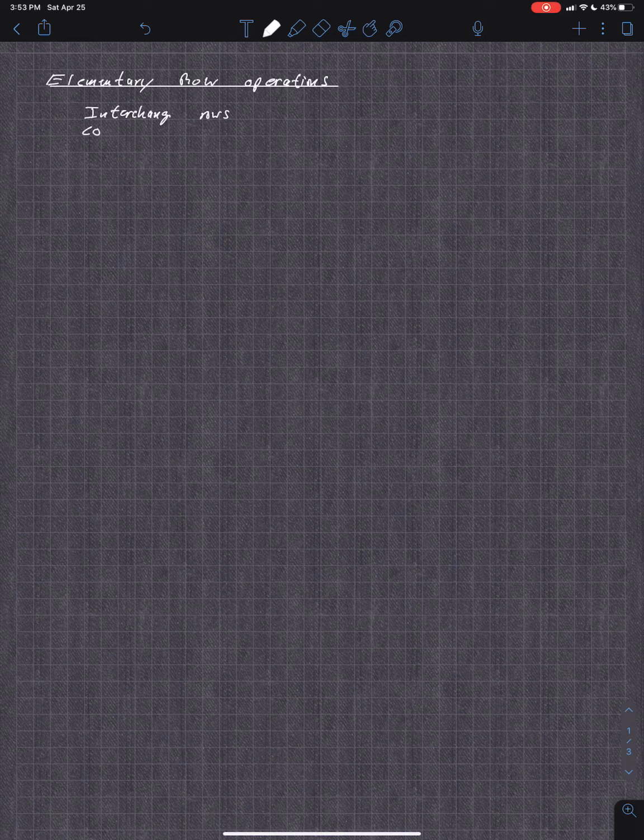You can do a constant multiple times a row, right? Both sides by the same thing. And you can add rows.